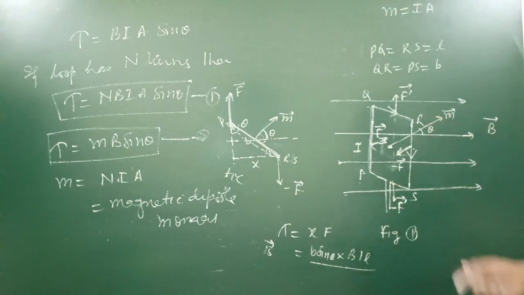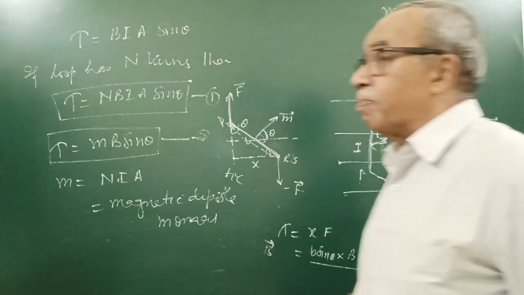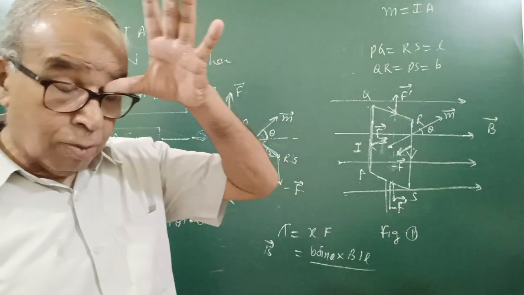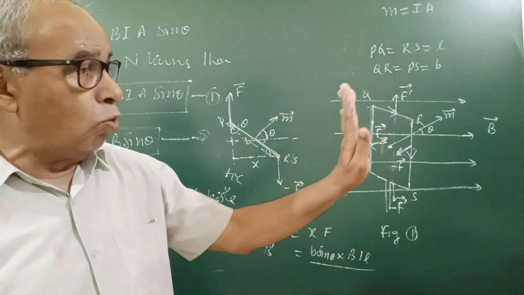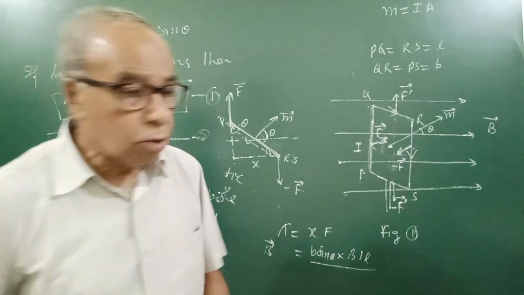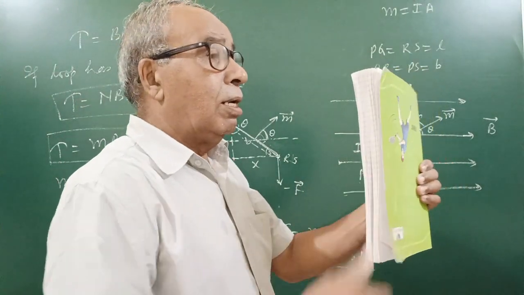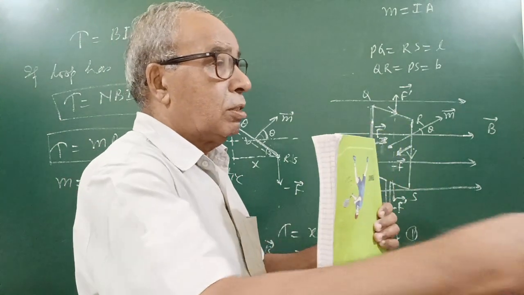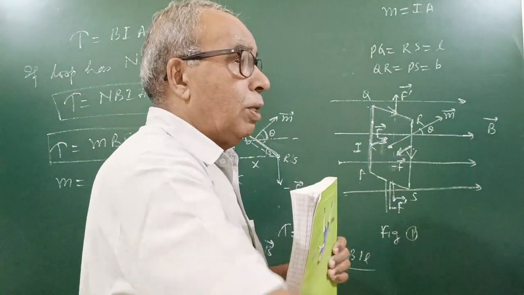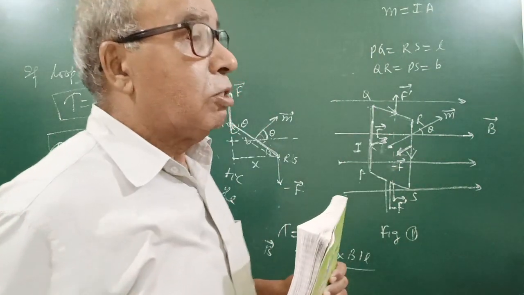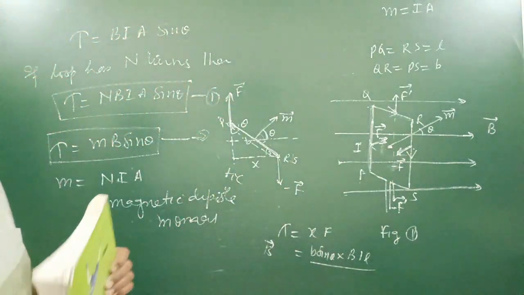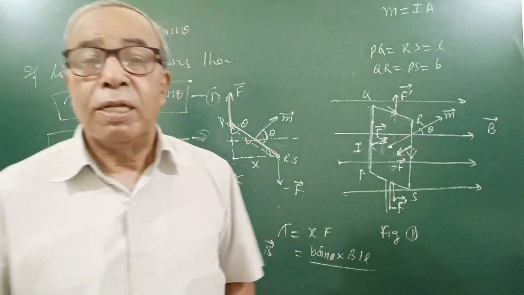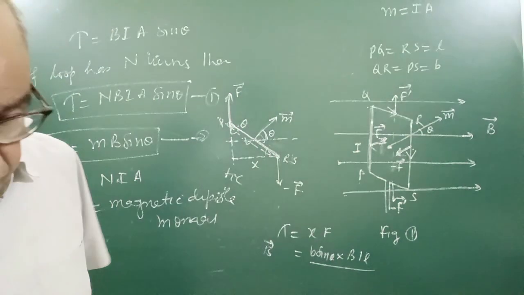So the coil should stop, keeping itself perpendicular to B. But due to inertia, moment of inertia, it may continue to move. And as soon as it goes this side, the direction of torque, M cross B, gets changed, so it goes back. By making a few oscillations about the theta equal to 0 position, this coil will come to rest.